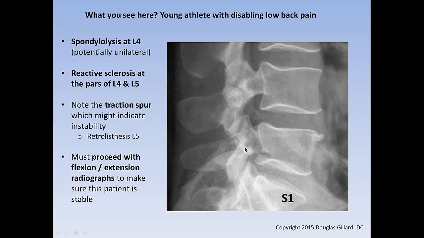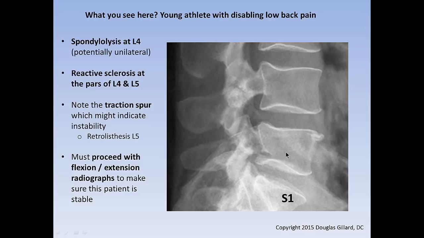So there's more signs here that we have something going on. Anybody else see anything weird here that makes this suspicious for a fracture? Even it may be a healed fracture. What's that? We talked about those. It's a traction spur, right? And what I say about traction spurs, those are a sign of instability.